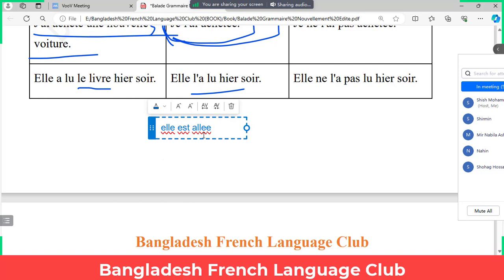We have given a list of the movement verbs, around 15 or 16. So aller was there. Now it is conjugated in a past tense.